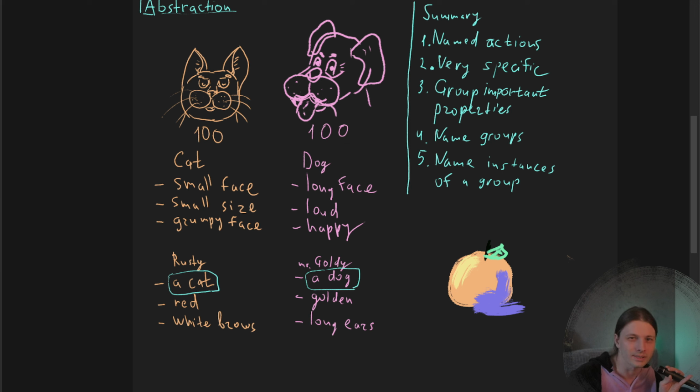Something very, very simple with no color at all, just to focus on the movement. So no other stuff there. This is also abstraction. So a very useful thing, very often used in art.